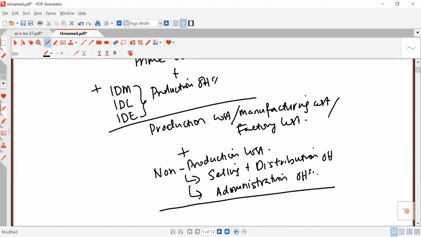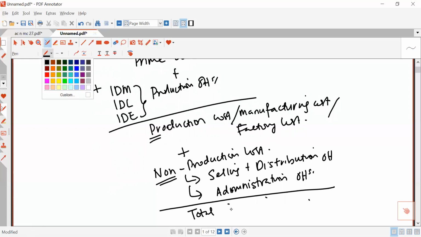When you add these two, production and non-production cost, you will derive the total cost.